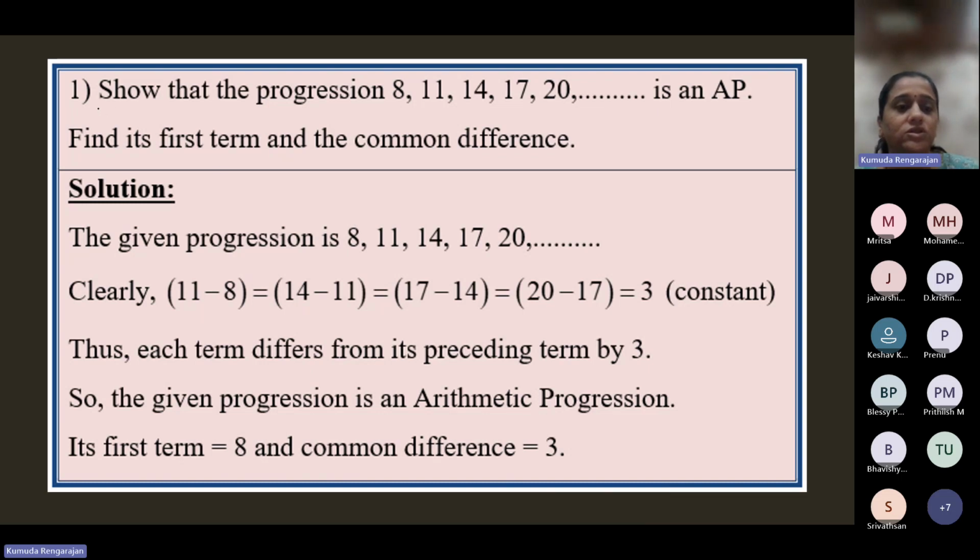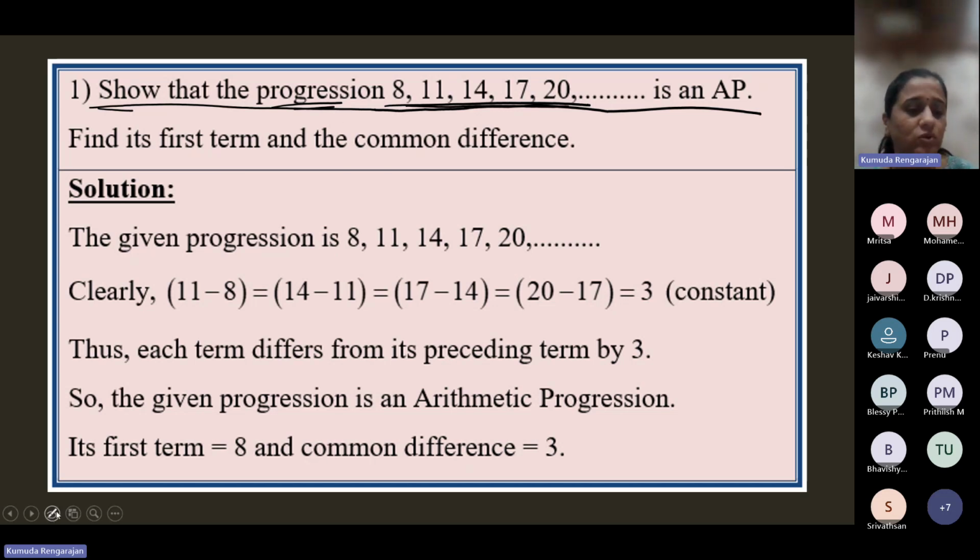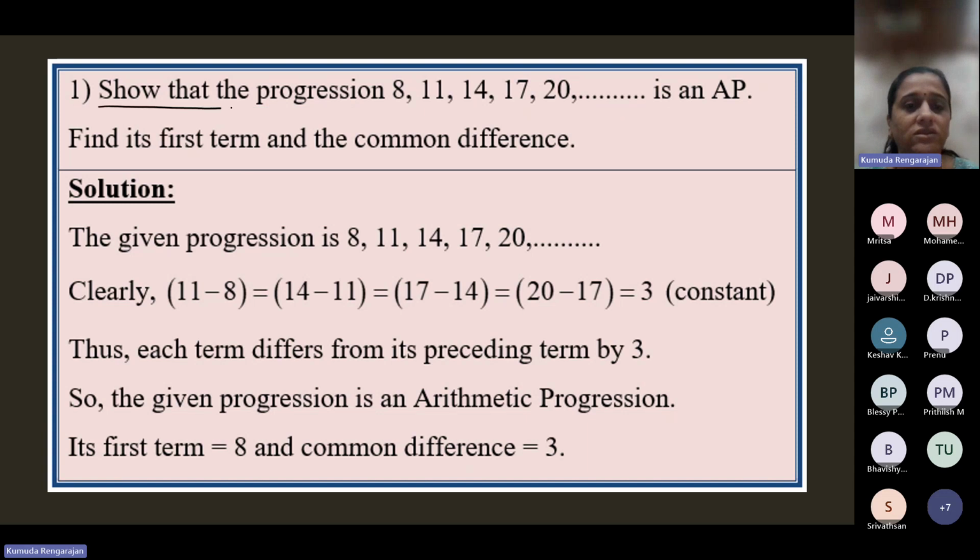Here, show that the progression 8, 11, 14, 17, 20 is an arithmetic progression. When we use this term progression, don't think there's only arithmetic progression. Don't mistake the question to be "show that the arithmetic progression is an arithmetic progression." No, no. Progression means a sequence.